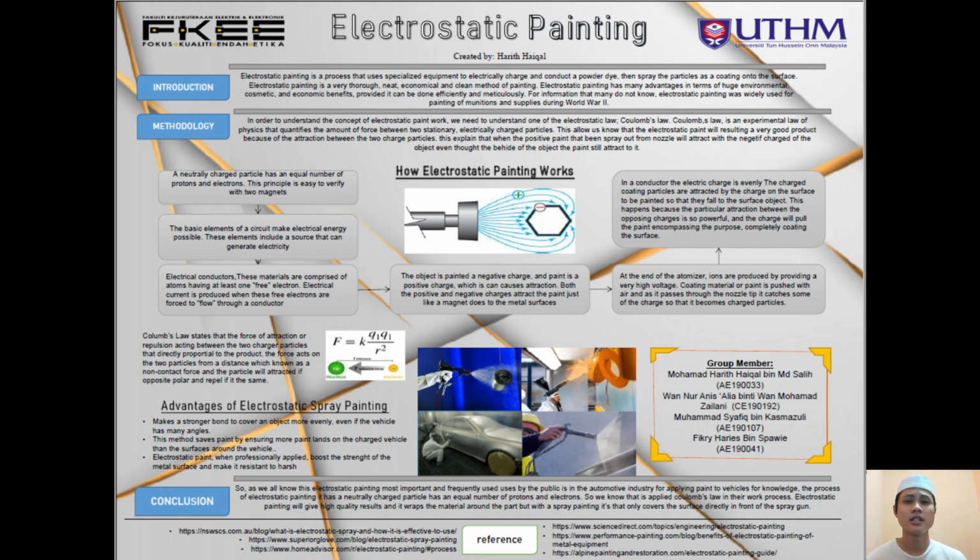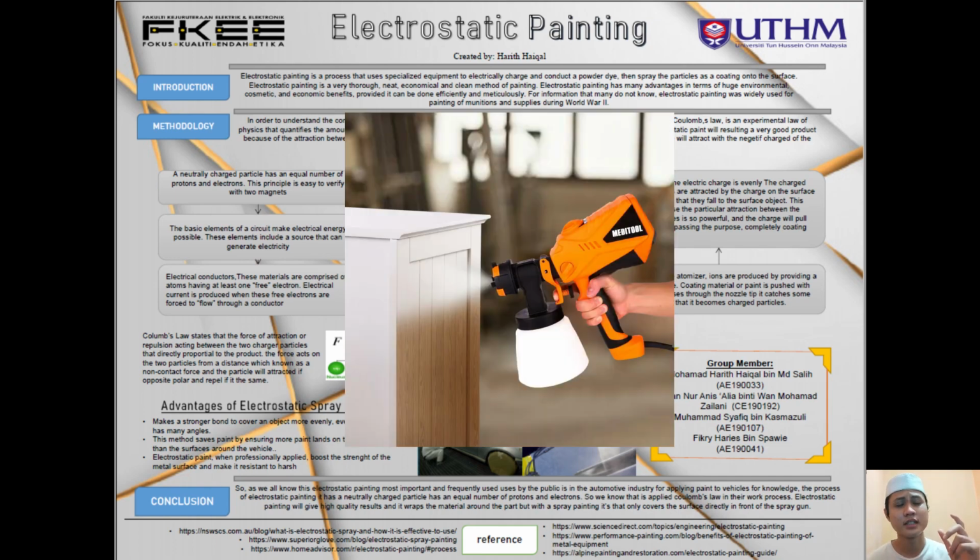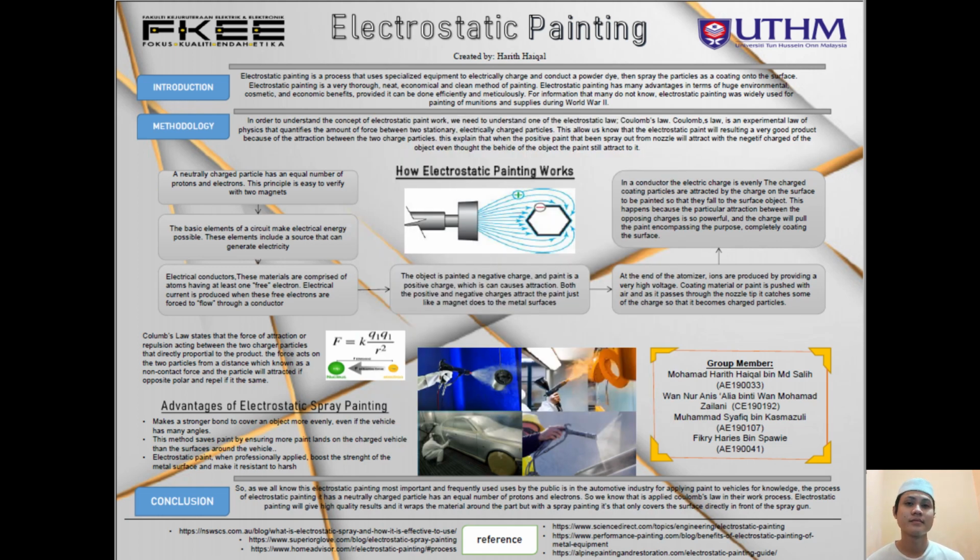Commonly, electrostatic painting is similar to spray painting, but has a different process or method. It has many advantages in terms of huge environmental, cosmetic, and economic benefits, provided it can be done efficiently and meticulously.